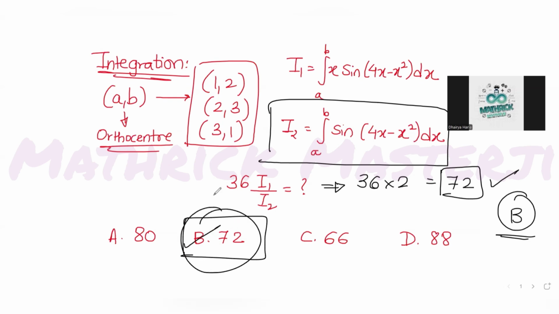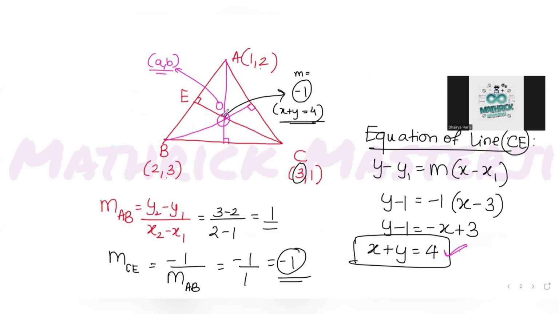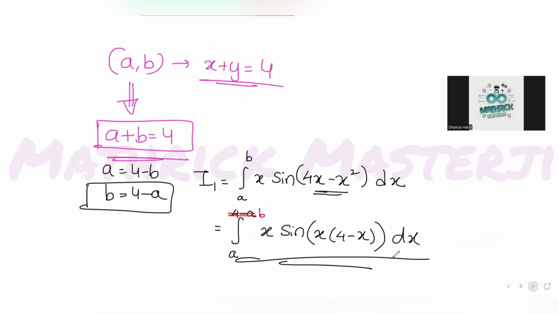I hope you have understood how to solve this type of question, which deals with finding the answer to this type of integration problem. What we did here was first find the slope of the altitudes. Since the orthocenter is the intersection point of all the altitudes, it also lies on this line. So I substituted the orthocenter coordinates for x and y. That gave me a plus b is 4.